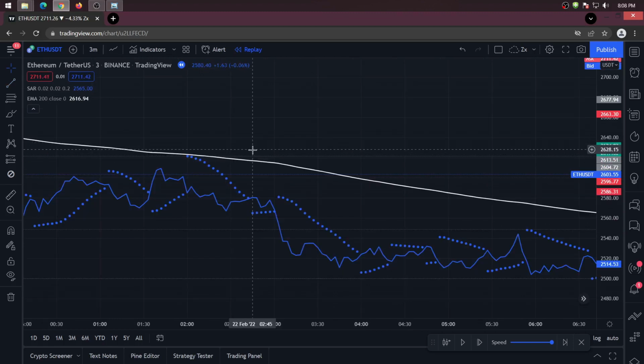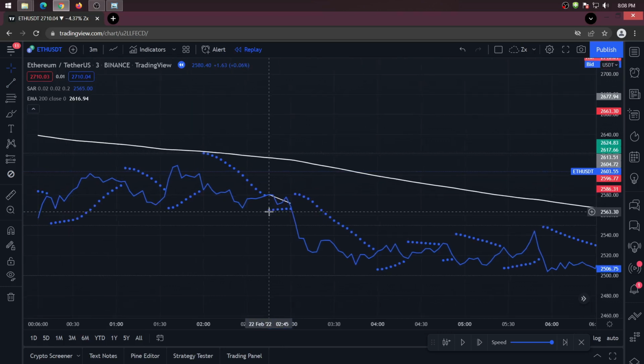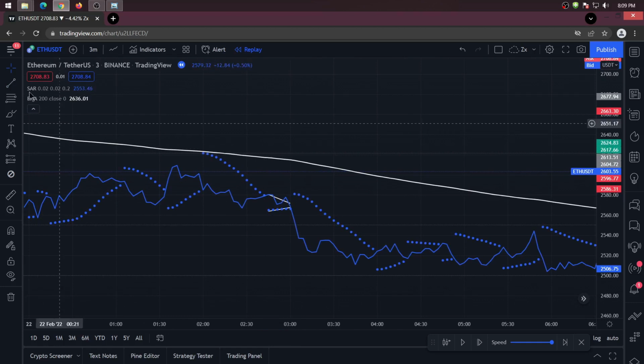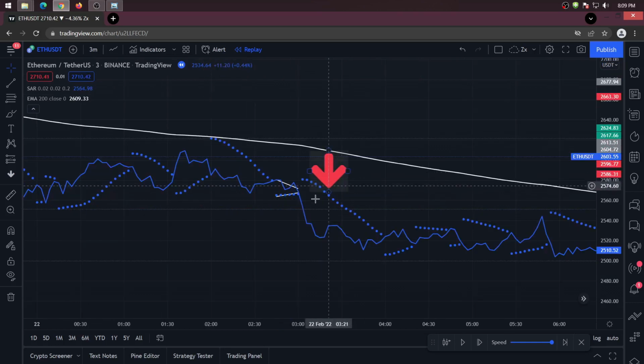Let's see another divergence. You can see the price indicates a downtrend, but the parabolic SAR indicates an uptrend. This is another parabolic SAR divergence. Also, parabolic SAR has two types of divergence: one is bullish parabolic SAR hidden divergence and the other is bearish parabolic SAR hidden divergence.